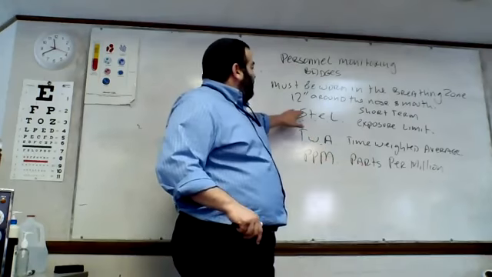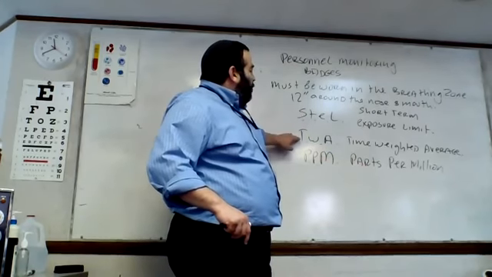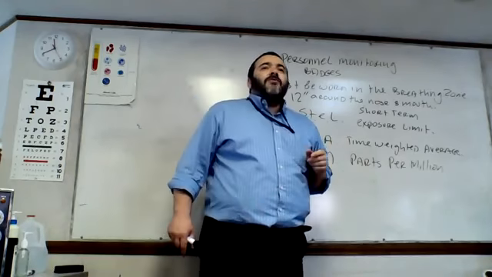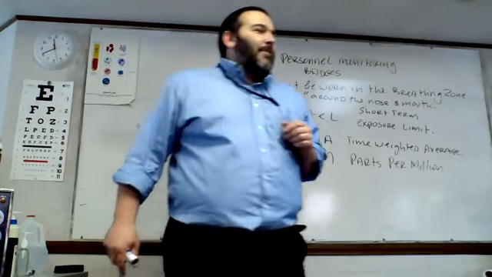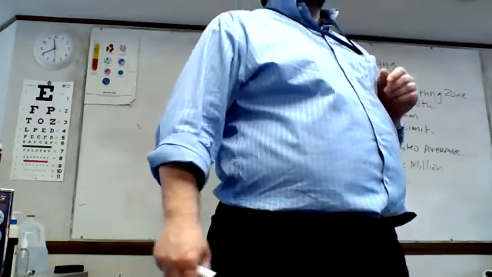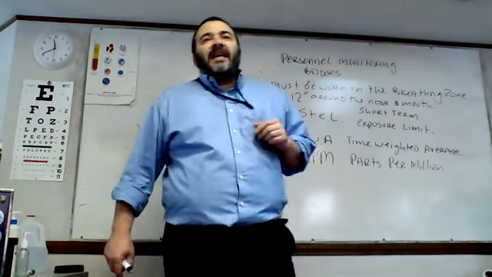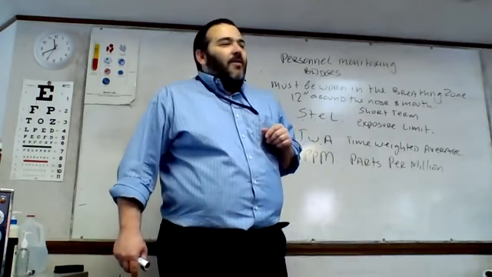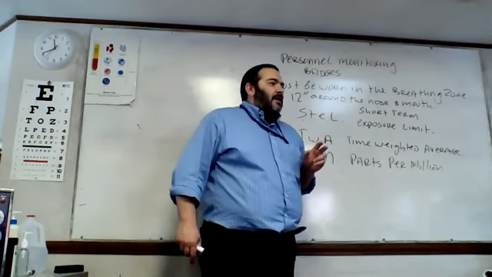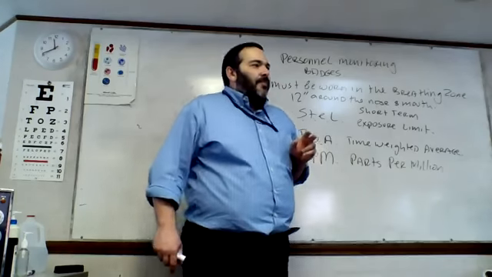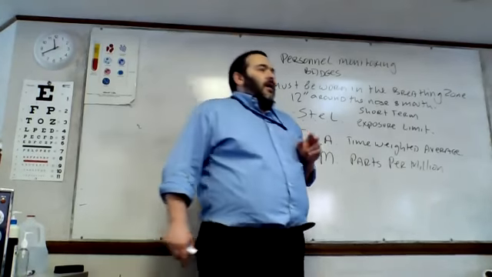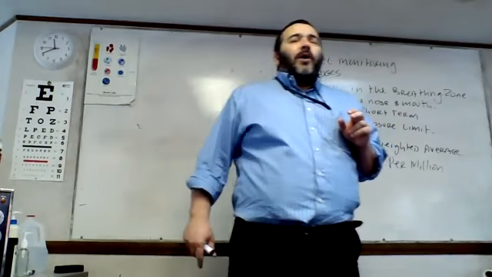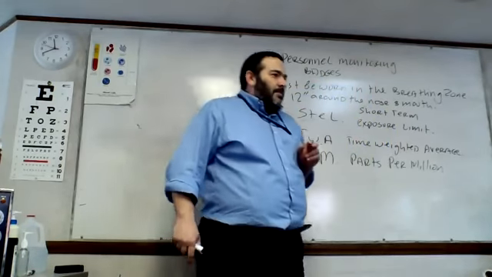STEL and TWA are measured in ppm. On page 341, on that table, it tells you how many parts per million you can be exposed to as a time-weighted average for all three sterilants. If my memory serves me correctly, ETO was 1.0 ppm.